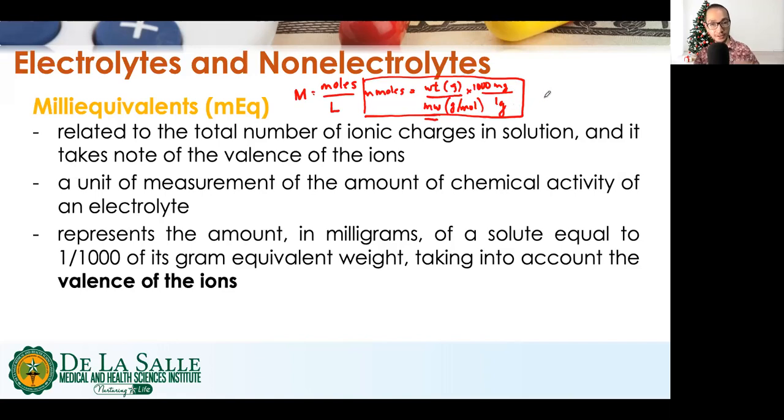Another thing that I want to point out is that the molecular weight in grams per mole is the same as the molecular weight in milligrams per millimole.